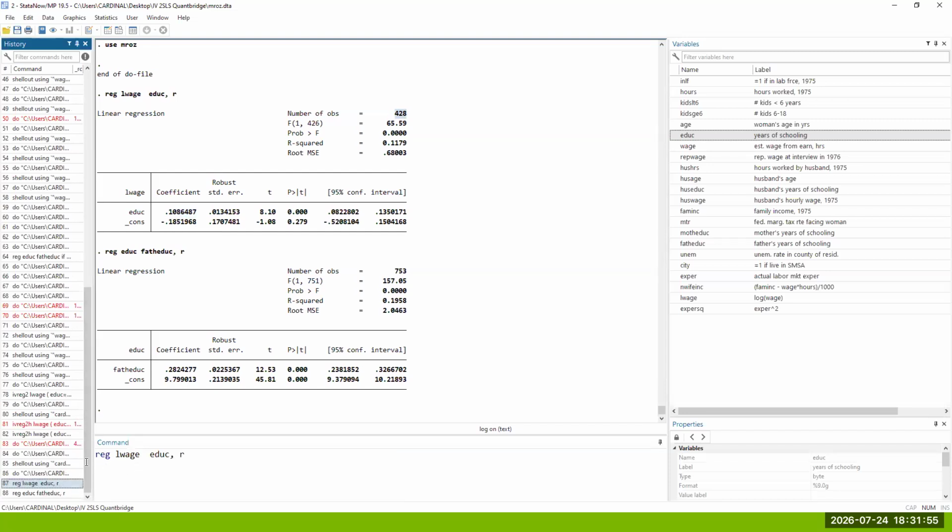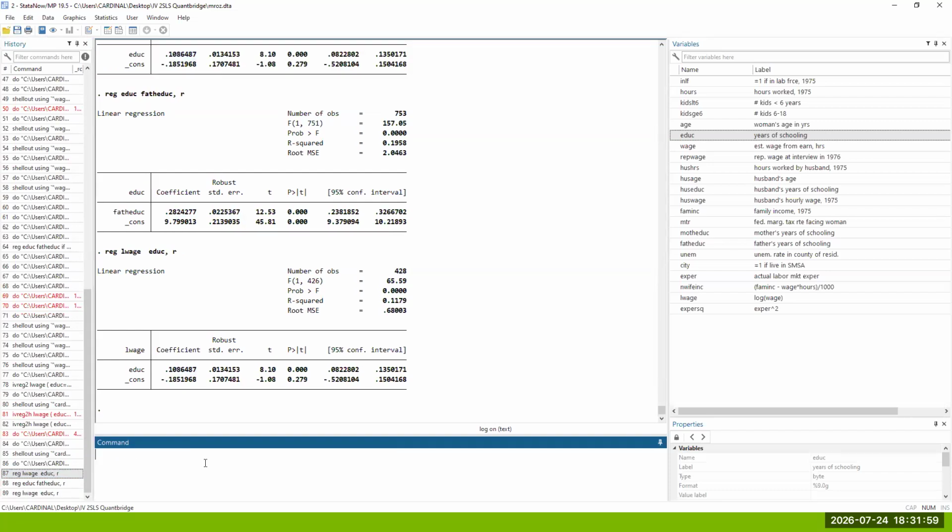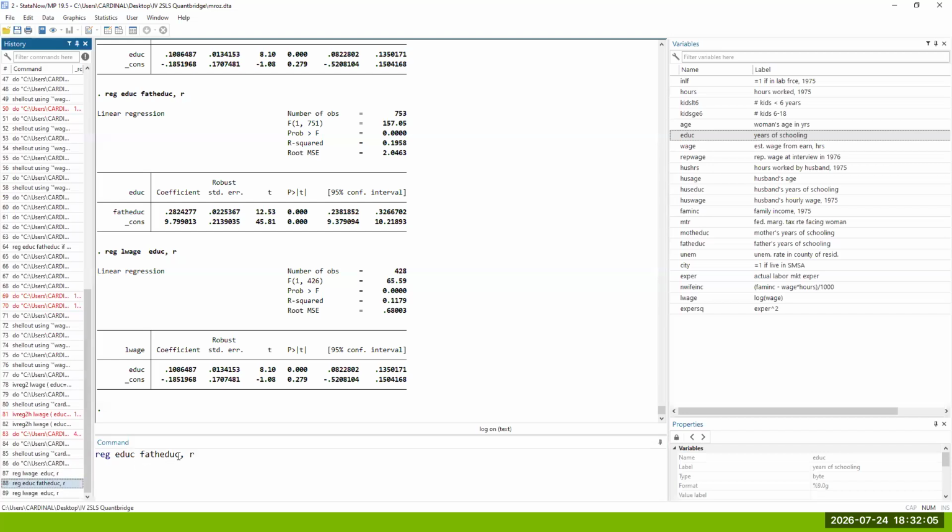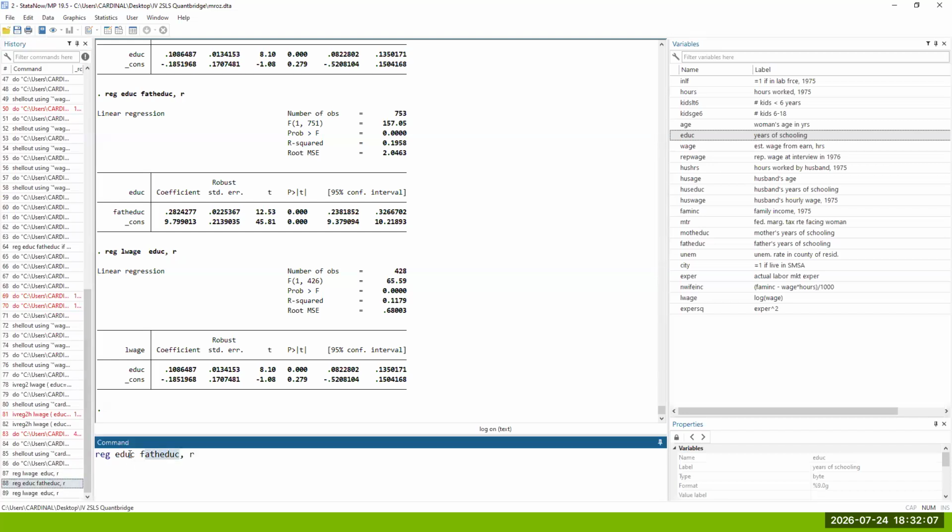So when we estimated the effect of education on wage, which is the one you recorded, the 0.109, in our second estimation, where we wanted to find the effect of the father's education on the child's education, let's restrict that using if e(sample). What if e(sample) does is that it restricts the second estimation you are going to do to the same sample size as the initial one.